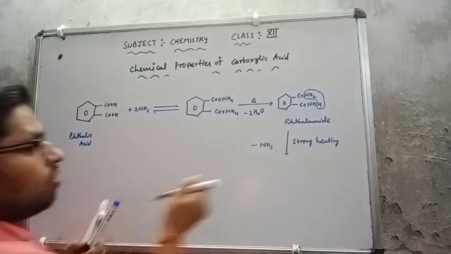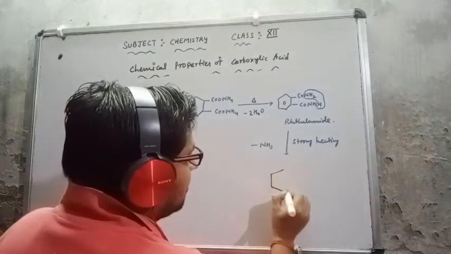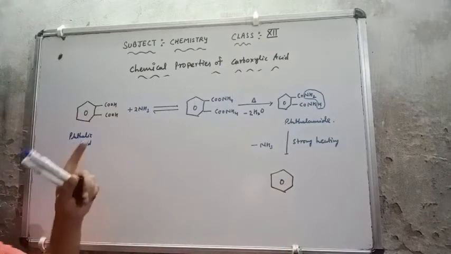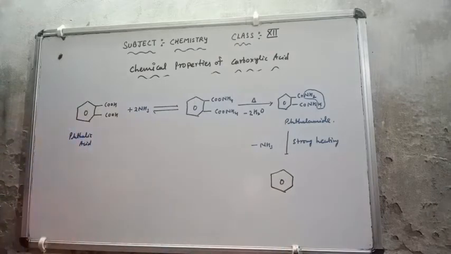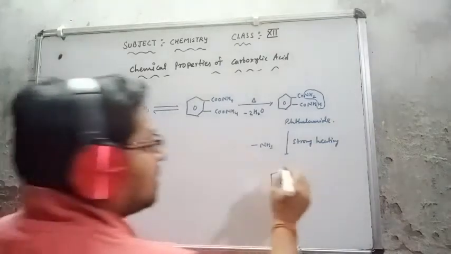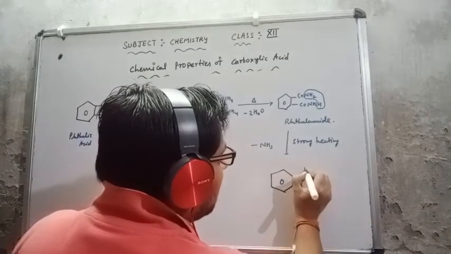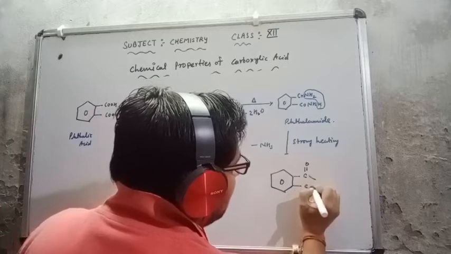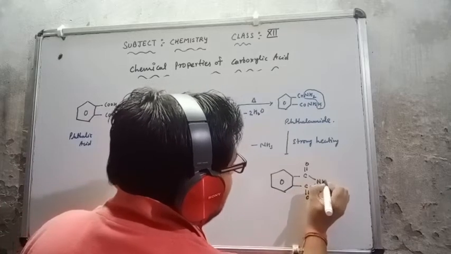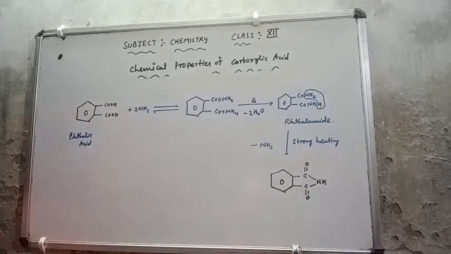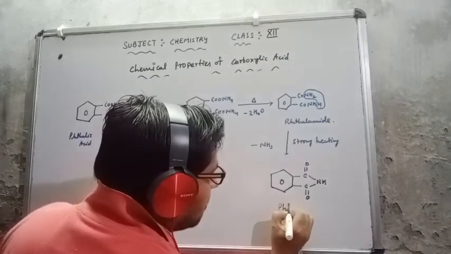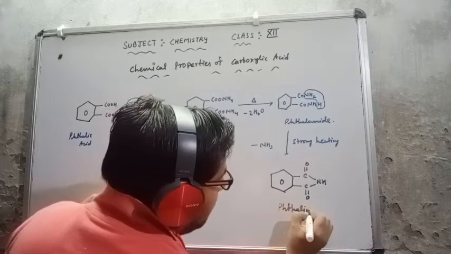So the compound we are getting here is now CO and here ONH, attached in this way. This is a carbon double bond oxygen, carbon double bond oxygen, and they are bonded with nitrogen, NH. So this is the phthalimide. Keep in your mind, this is phthalimide.